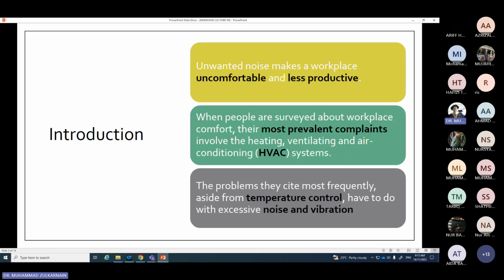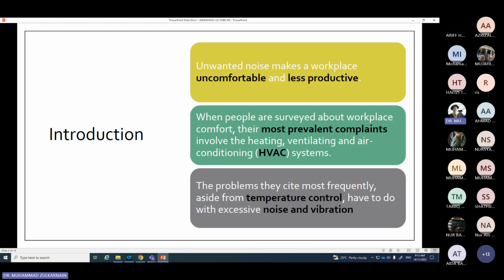Second, in our introduction, when people are surveyed about workplace comfort, the most prevalent complaints involve the heating, ventilating, and air conditioning system. So most of the surveys talk about concern that the HVAC system contributes to comfortable or uncomfortable conditions.